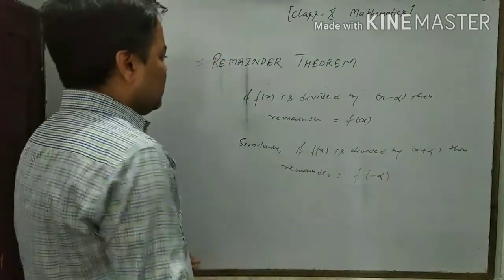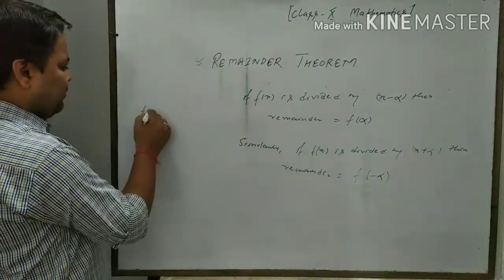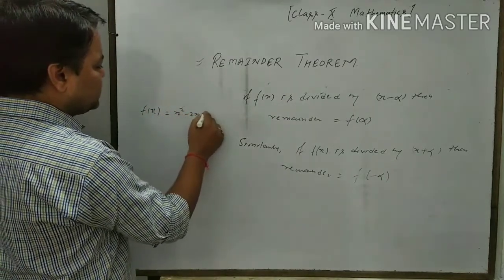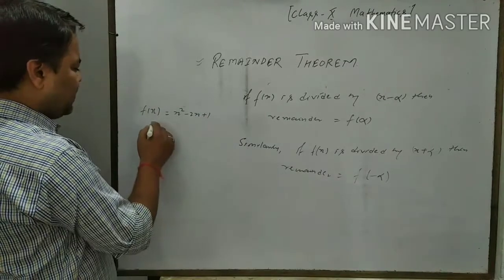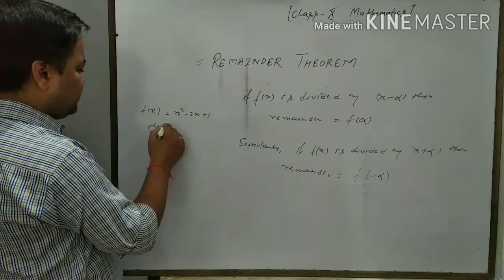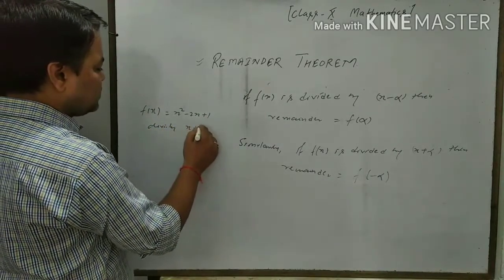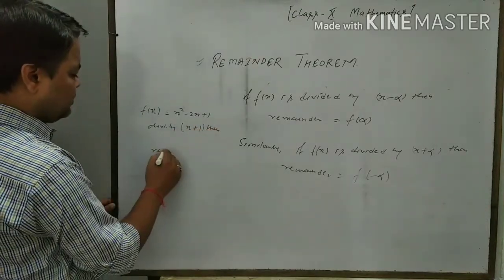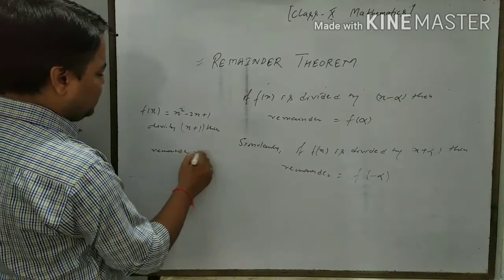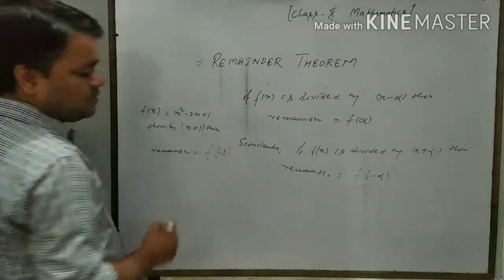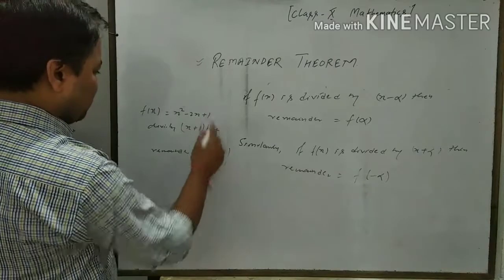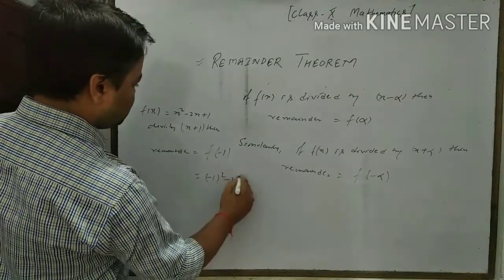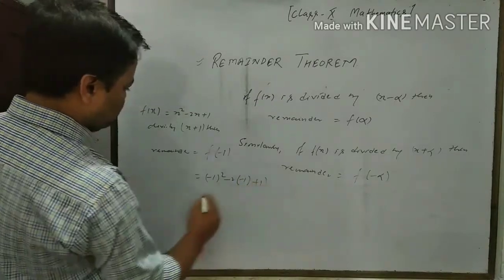Just like when f(x) is equal to x square minus 2x plus 1 and divided by x plus 1, then the remainder is equal to f(minus 1). What is f(minus 1)? Minus 1 square, minus 2 into minus 1, and plus 1.